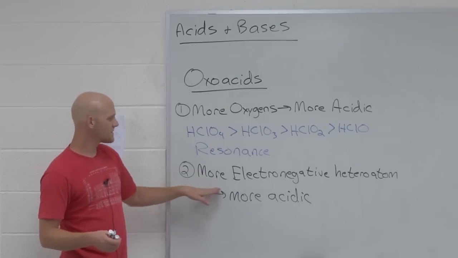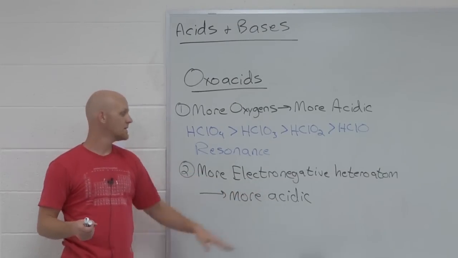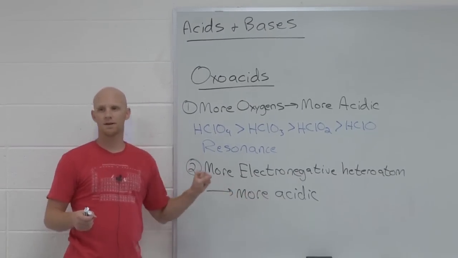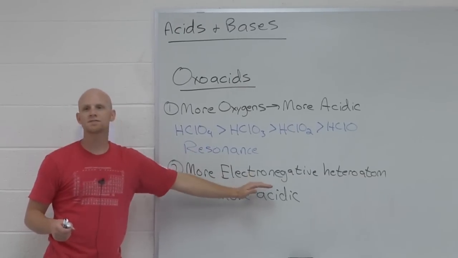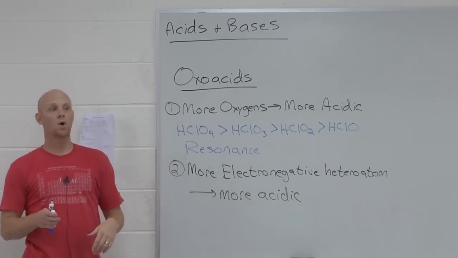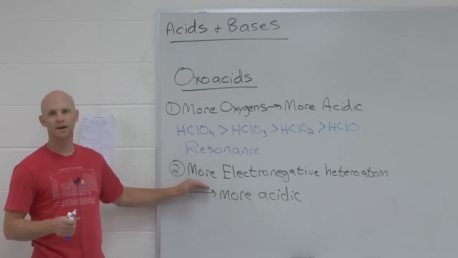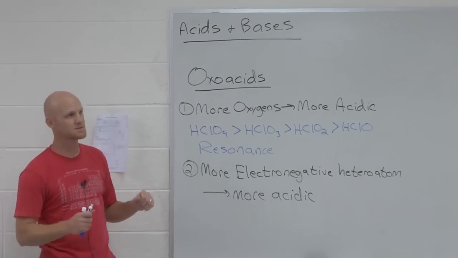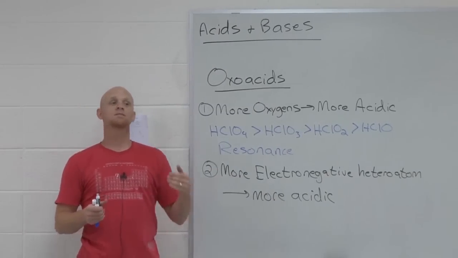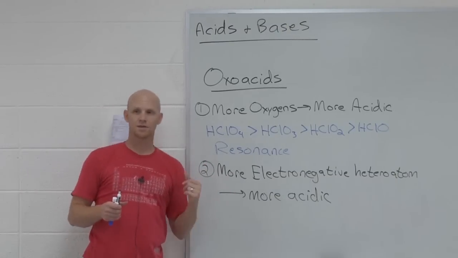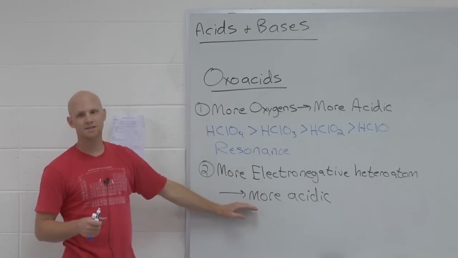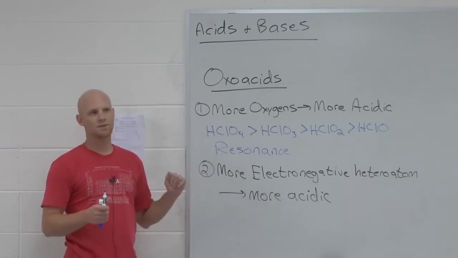And so here, the more electronegative the hetero atom, the more acidic it's going to be. It has nothing to do with size in this case, it turns out. It's only electronegativity playing an impact here for the oxyacids. Again, for the binary acids, size played a role and electronegativity played a role. But for oxyacids, only electronegativity matters.